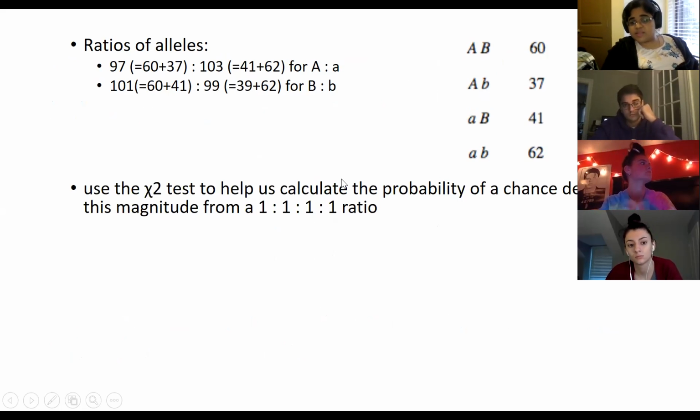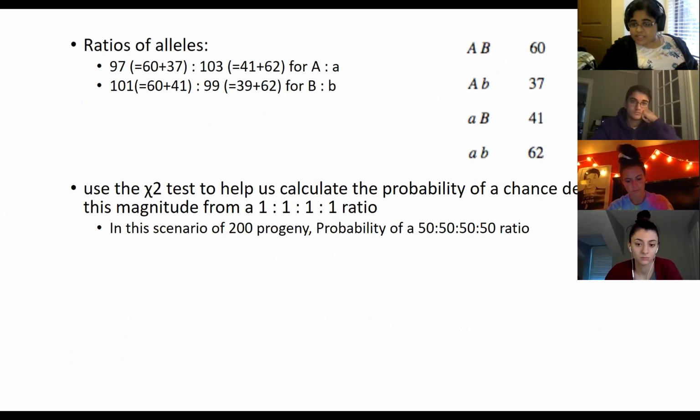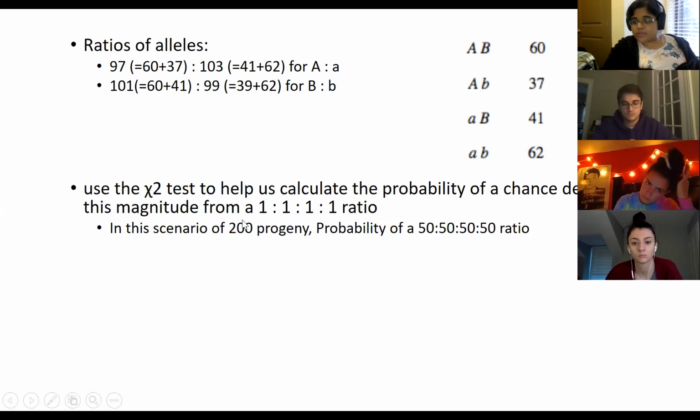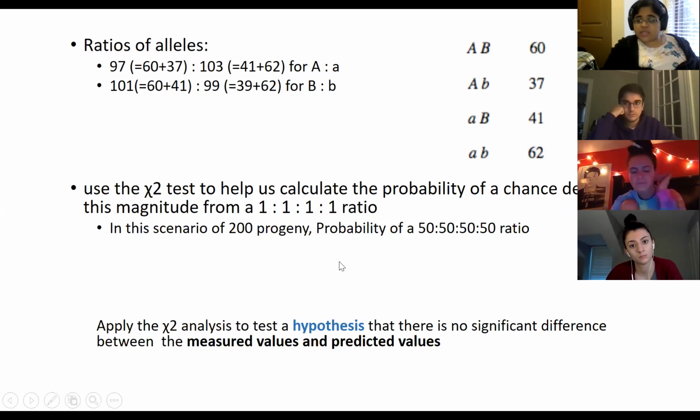Using this chi-square test, you can see how much of a deviation it is from this expected ratio. Since we have 200 progeny, we would go with this ratio here, because it's 200 divided by 4. So your total progeny divided by 4, because we're having a 1 to 1 to 1 to 1 ratio, okay?